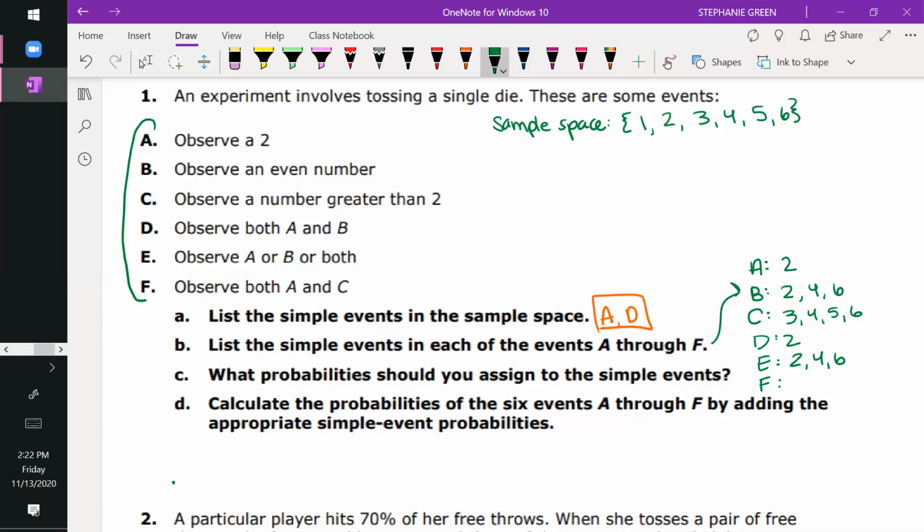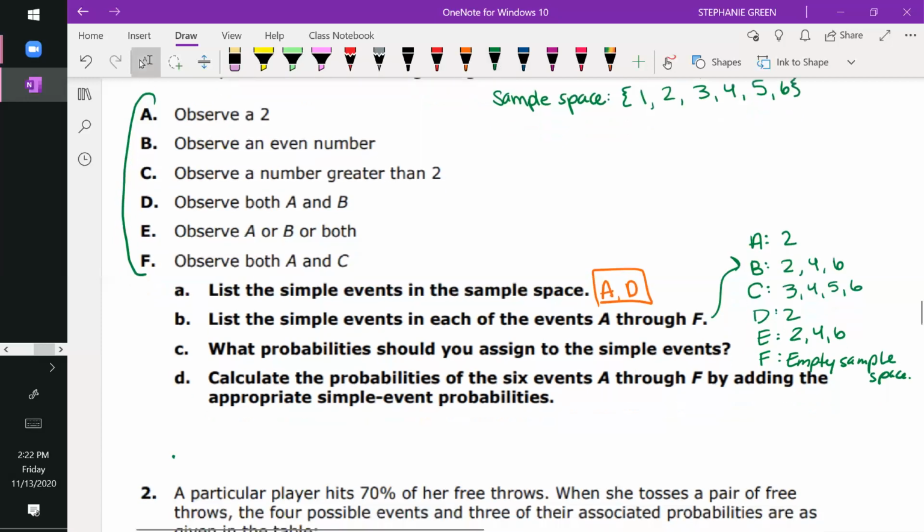And we actually call this the empty sample space. When there's no outcomes that satisfy an event, it's called an empty space. And again, the reason that's empty is because A and C are mutually exclusive events, which means they cannot occur at the same time.